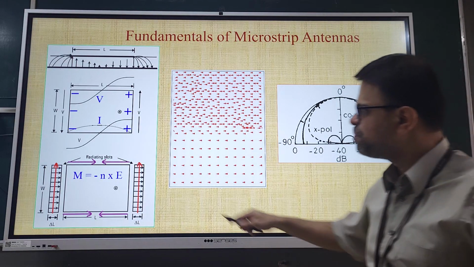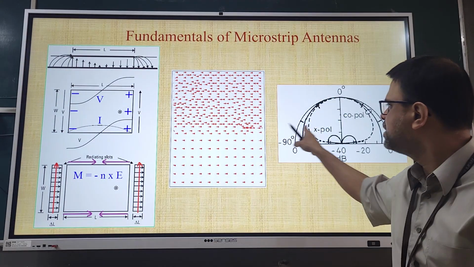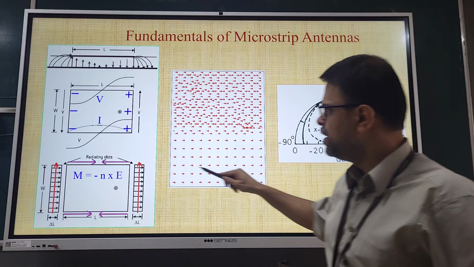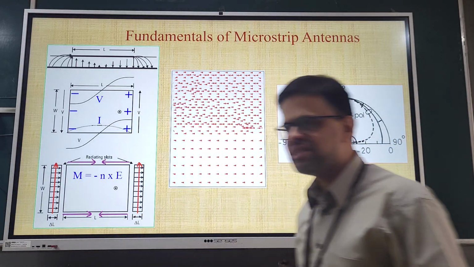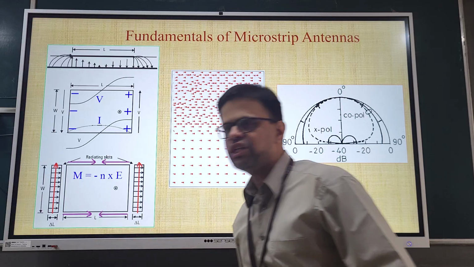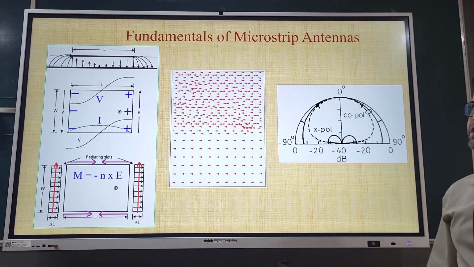And once you get this picture, then the radiation pattern can be effectively evolved. As I have told you earlier, these two slots get cancelled out each other, and this is the one which is contributing to the radiation for the fundamental TM10 mode.